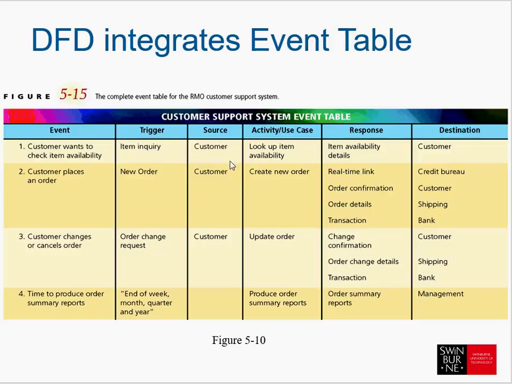If the customer wants to check some item, that is the event, and the trigger is that the customer inquires about the item. The source is the customer, so this is the external agent, and then we have the use case, which responds by sending item availability details back to the customer. So how are you going to capture this information in a data flow diagram?